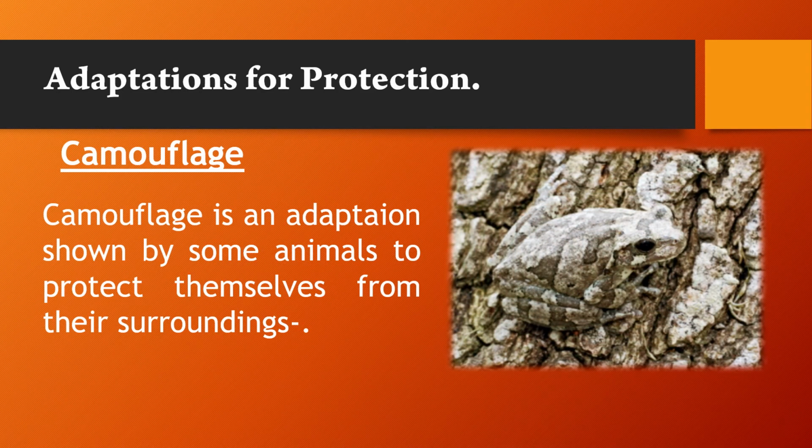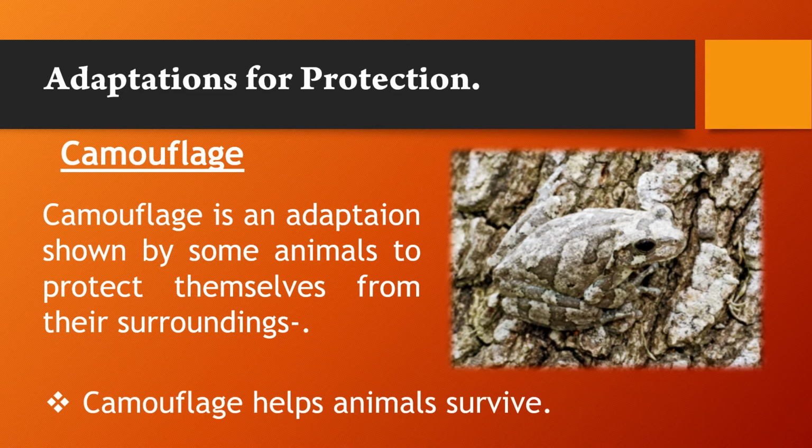As you can see in the picture, the body color of the animals matches the body color of their surroundings. So these animals can hide in their surroundings without being spotted by their enemies or sometimes their prey.